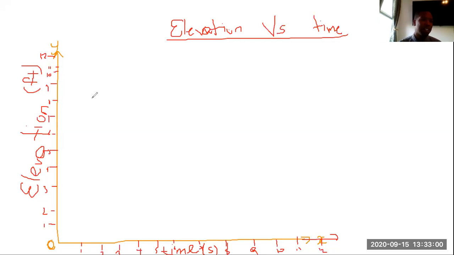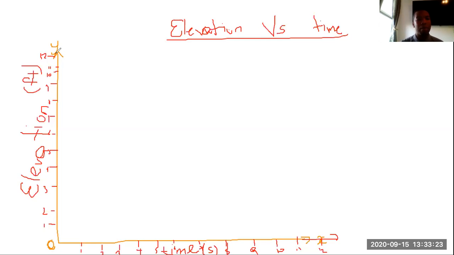Please don't mind the numbers to the side. I should have made more space. Let me see if I can move this up a little bit.